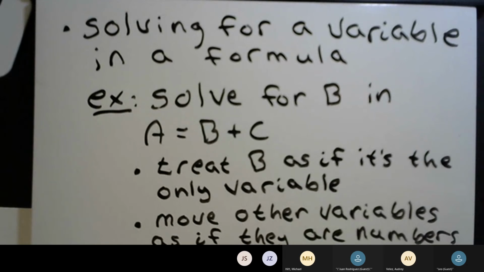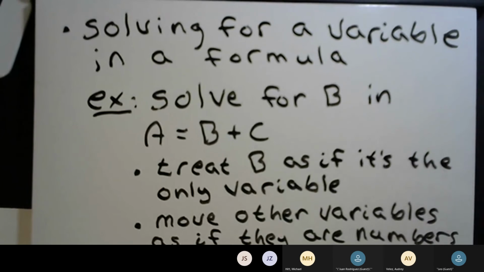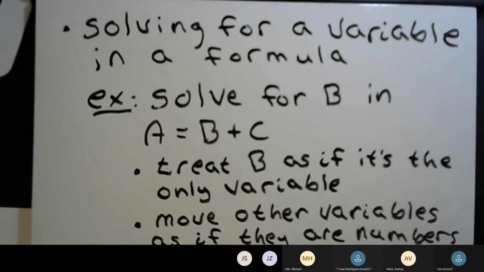And we're going to move them away from B is what we're going to do. We're going to put the spotlight on B in this case. And some of this can get kind of tricky. So we'll do some examples with this. Any questions so far? All right.